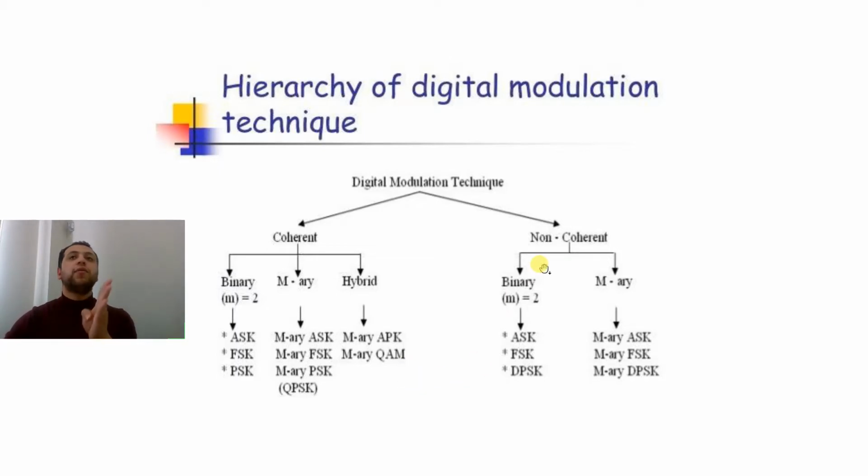For non-coherent, the most common schemes are amplitude shift keying and frequency shift keying, or differential phase shift keying. So these are the differences. Coherent gives you better performance, but a very difficult detection process. Non-coherent is easy to detect, but the performance is very low.